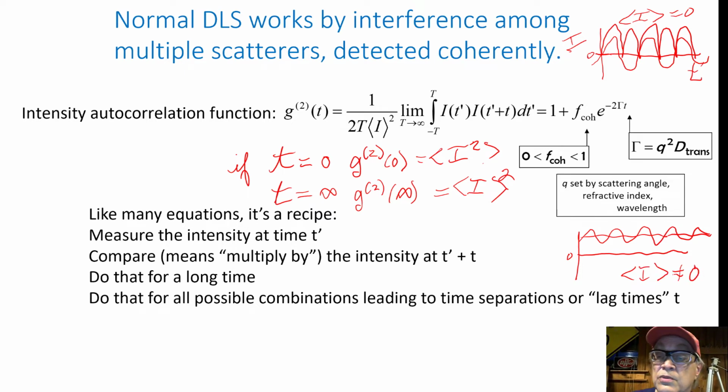It's still true that the average of I squared is bigger than the average of I quantity squared.